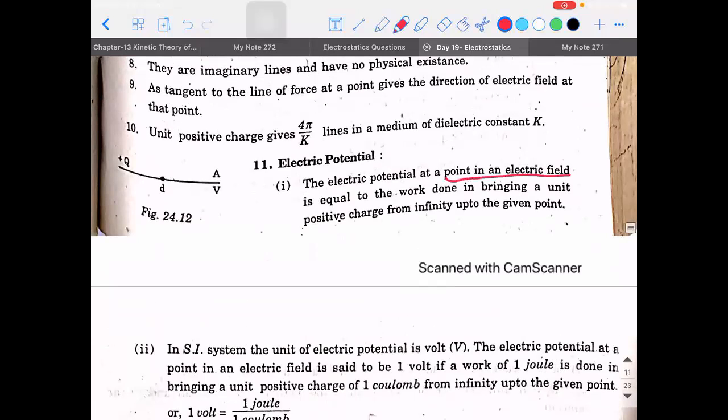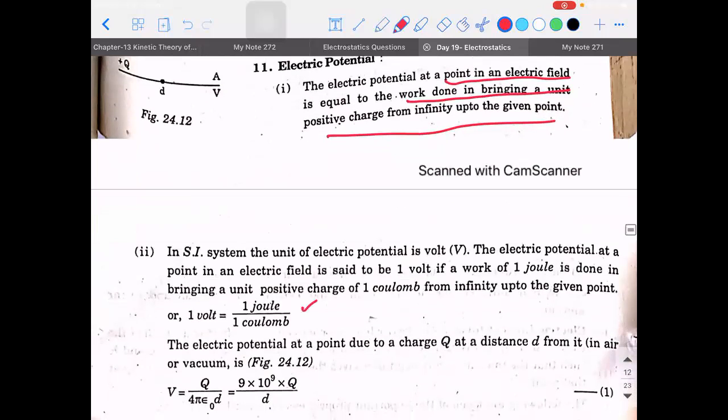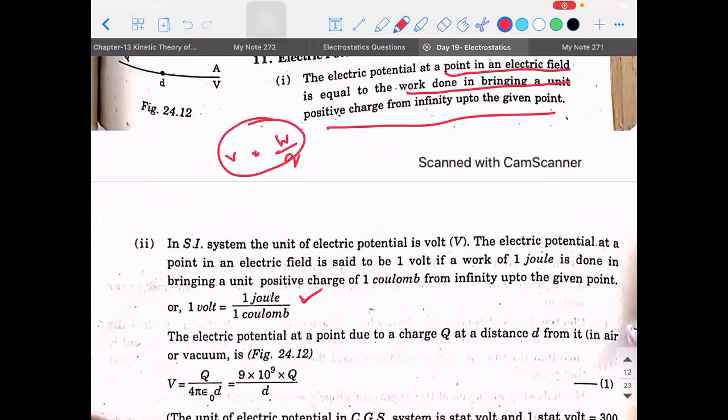Electrostatic potential at a point in the electric field is equal to the work done in bringing a unit positive charge from infinity to a given point. Right? So potential is defined as the amount of work done per unit charge. So its unit is going to be 1 joule per coulomb.